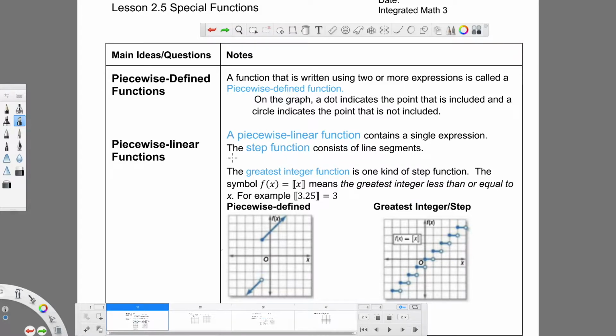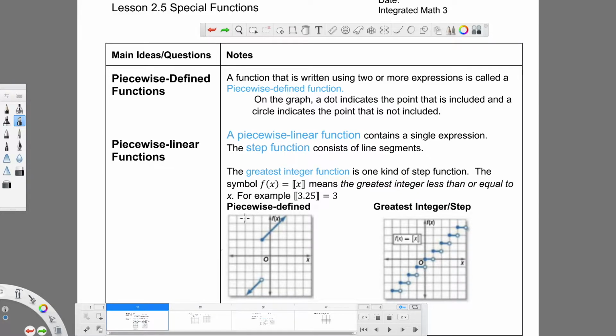So we also have the greatest integer function, which looks like a step. We also call it the step function because it literally looks like a step. The symbol f of x equals, and we have these funny little brackets around x, means the greatest integer less than or equal to x. So that's what it means when we have these brackets here, kind of like double brackets.